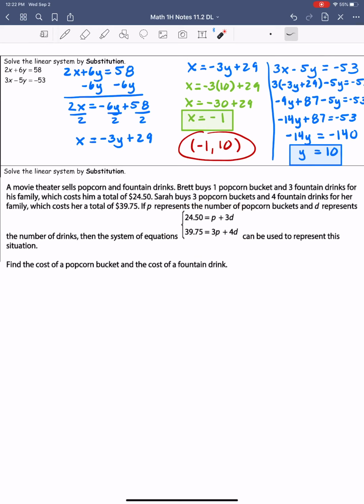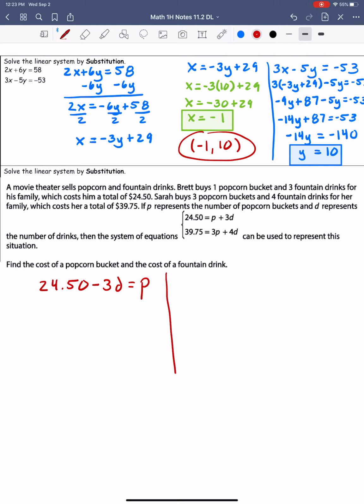So I need one of these variables to be isolated. Notice the p there is already by itself. I just need to get rid of this 3d, which I'm going to do by subtracting to the other side. So I'm going to subtract this 3d from both sides, and I'm going to end up with the equation that looks like this. 24.5 minus 3d, because I'm subtracting it from both sides, equals p.